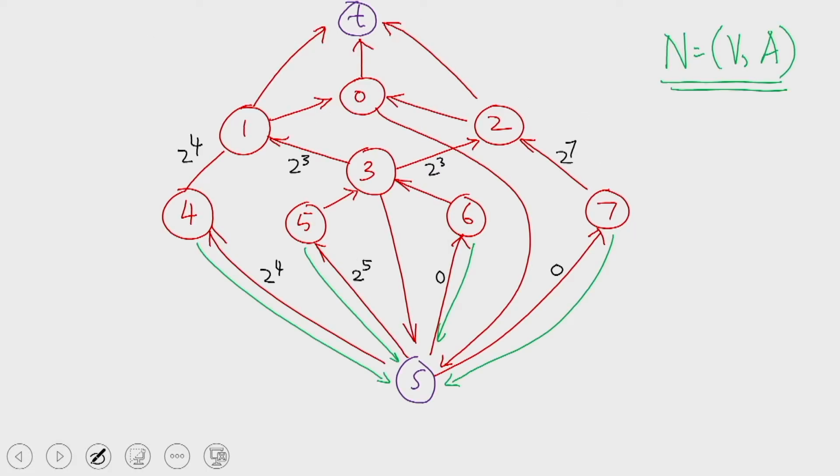Here for gate 1, d is 1, it's driving only the input to gate 0. Therefore, the capacity here is going to be 16 plus 8, 24, minus 1 into 2, which is 22.